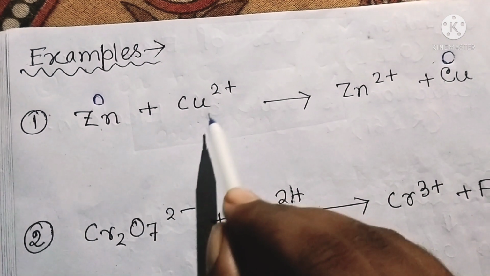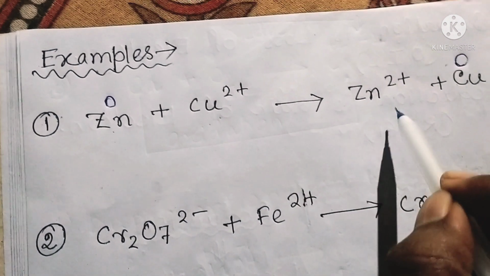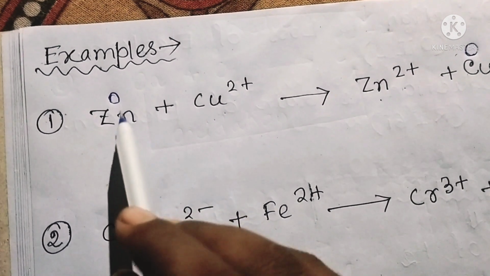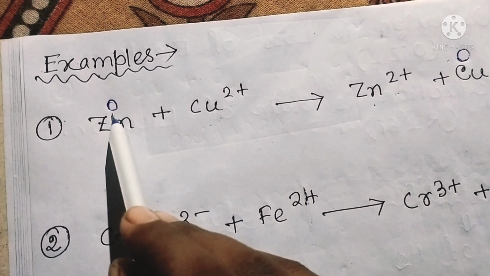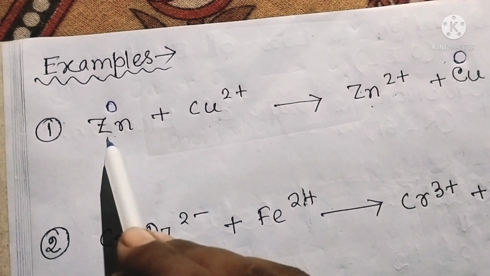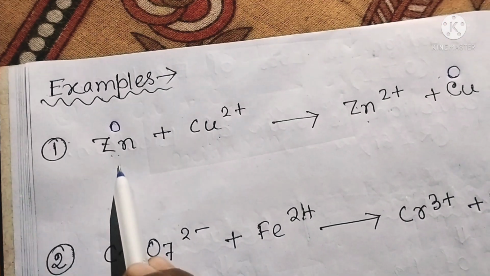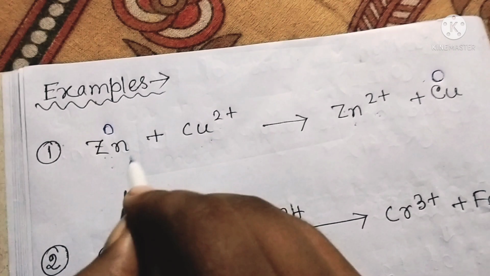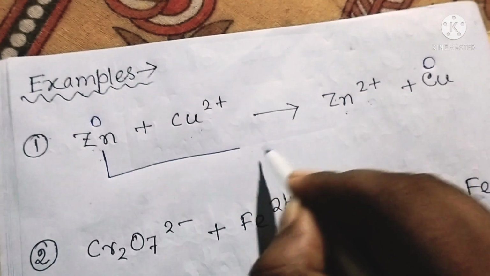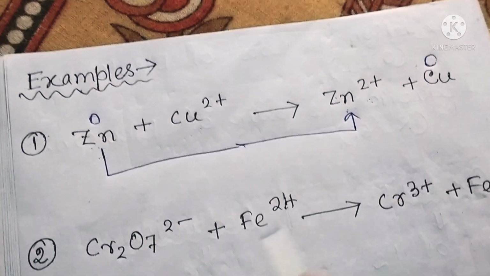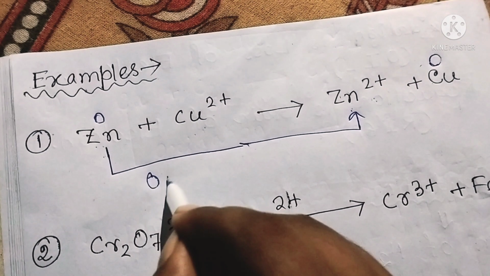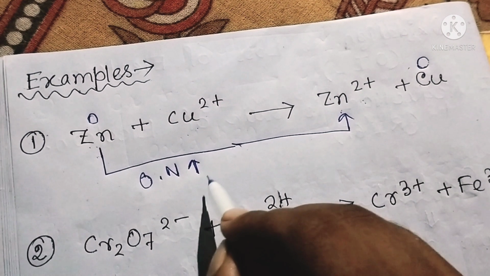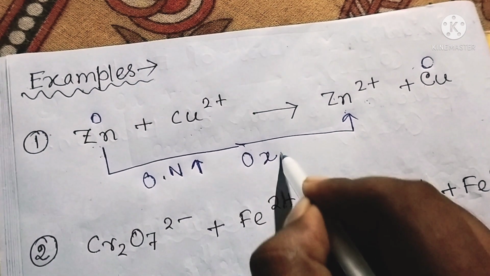And here the oxidation number of copper is plus 2 and the oxidation number of Zn is plus 2. So in Zn the oxidation number goes from 0 to plus 2. Oxidation number increases. When oxidation number increases, that means oxidation occurs.